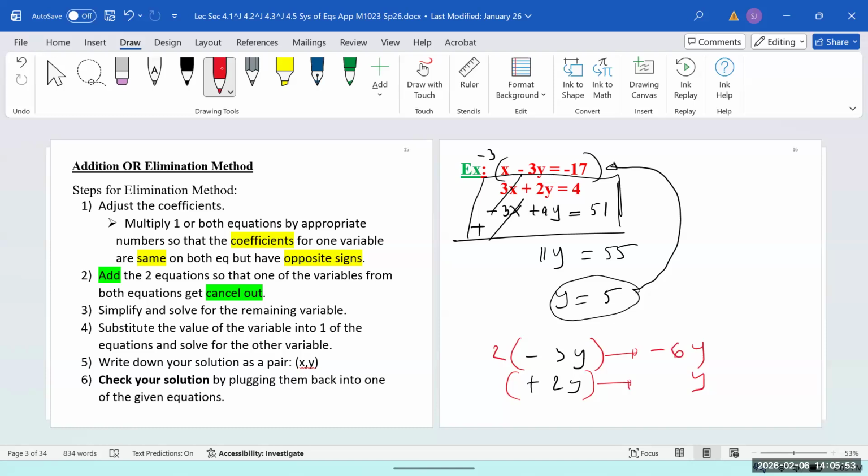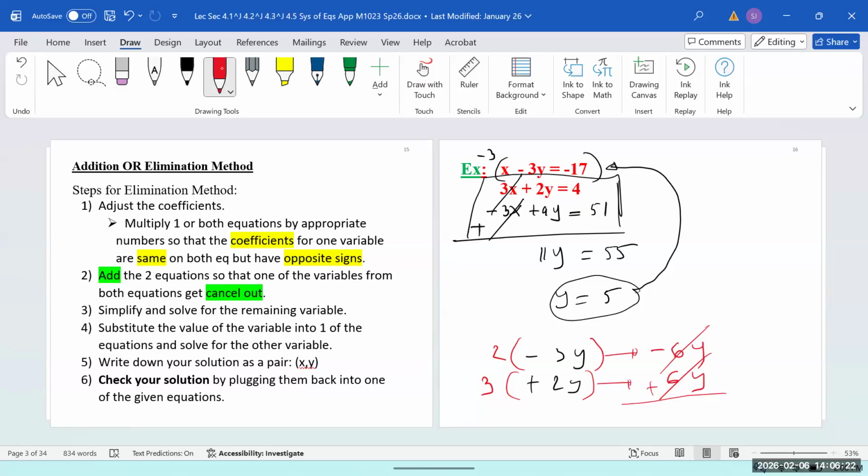Then what do you need to multiply these 2 by? 3. We want to have the same number with different sign. So when you add, what happens? Cancel out. So that's why this is called elimination, because your goal is to eliminate. And it's also called addition because you need to add them to cancel out.